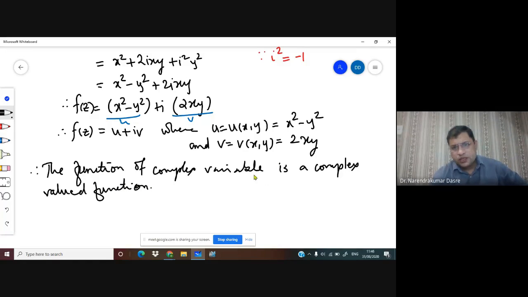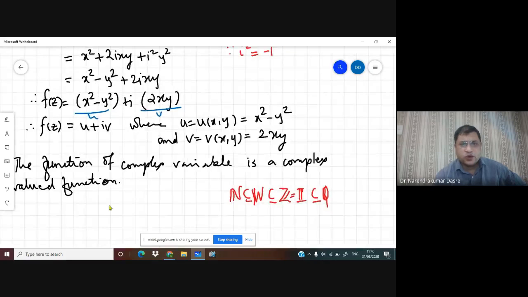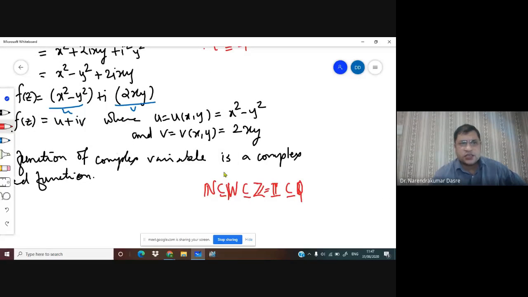Okay, so what do we know? The set of natural numbers is a subset of whole numbers. The set of whole numbers is a subset of integers. This sometimes we write as I or Z, which is a subset of the rational numbers. And then the set of rational numbers is a subset of real numbers, and real numbers is a subset of complex numbers.